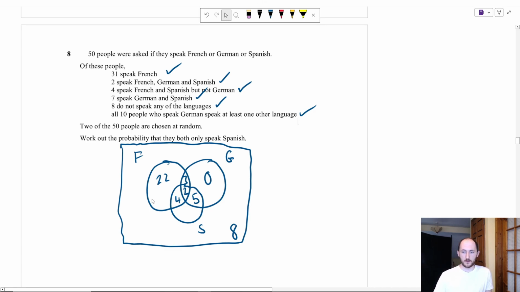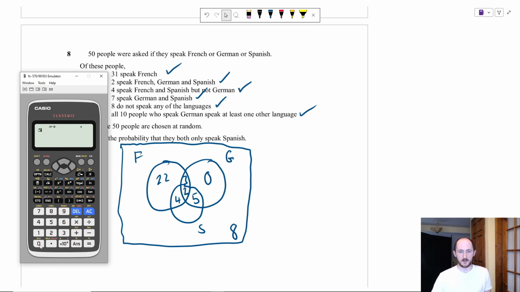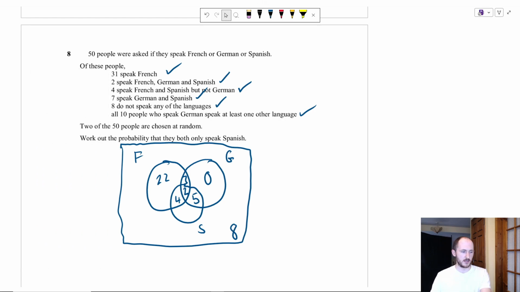All of the numbers in this Venn diagram should add up to 50, right? So what I'm going to do is 50 minus every other number. Minus 22, minus 4, minus 2, minus 3, minus 5, and then minus 8 will give me how many people speak only Spanish.